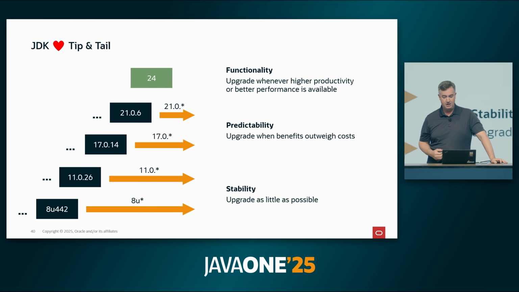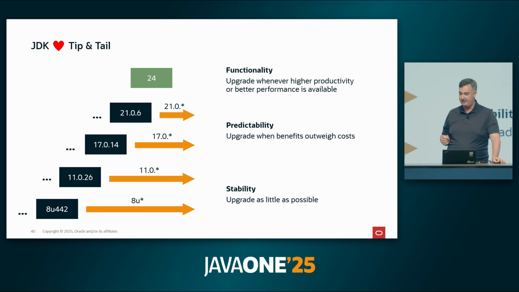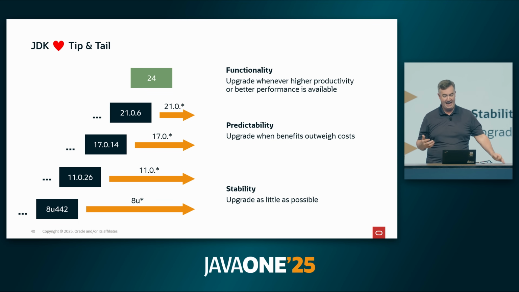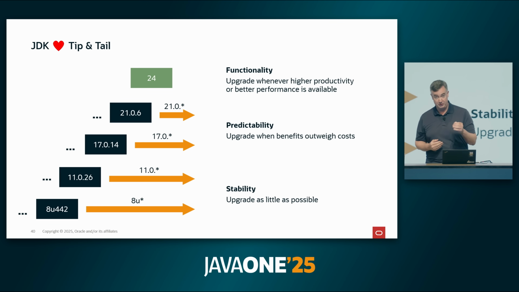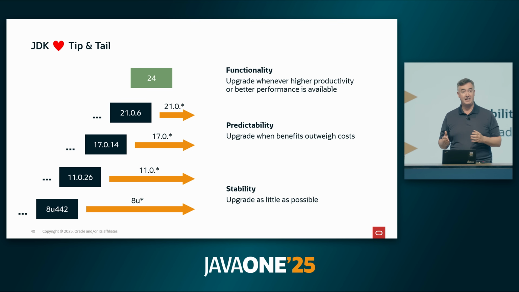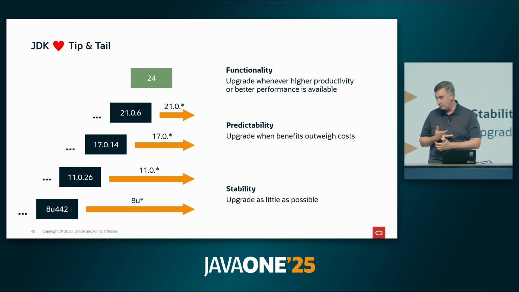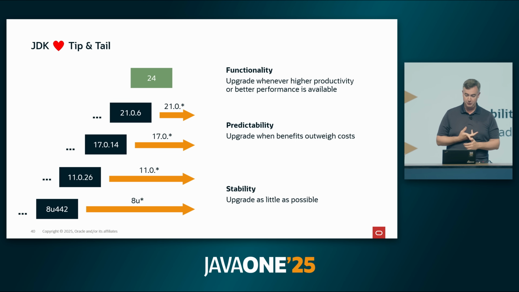In addition, Oracle maintains 4 tail trains, 21.0, 17.0, 11.0, and 8U. That's why you hear JDK 21, 17, 11, and 8 described as long-term support releases, because they are tails. If you're interested in predictability or stability, you should be running 21.0.6, or 17.0.14, or 11.0.26, or 8U442.